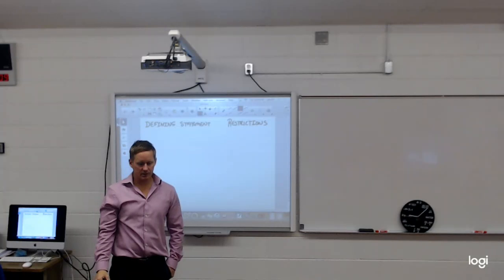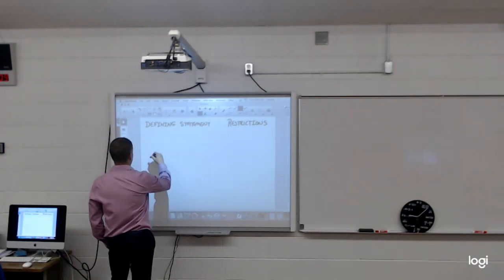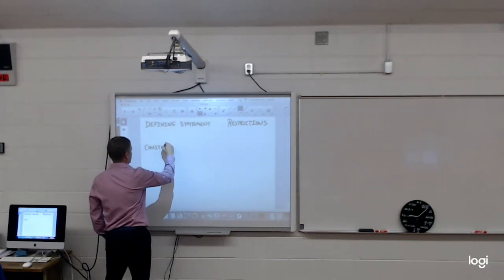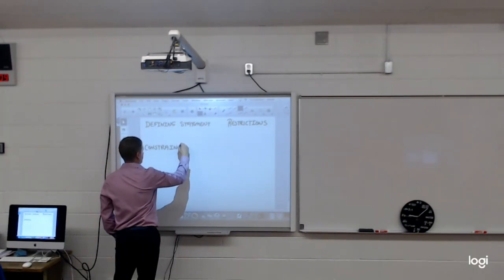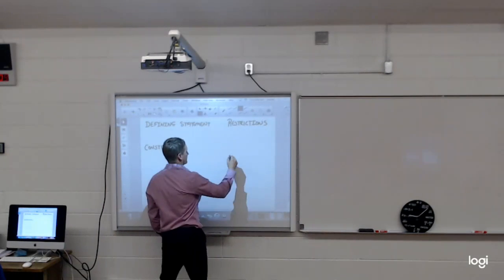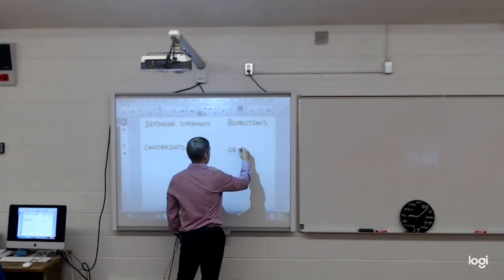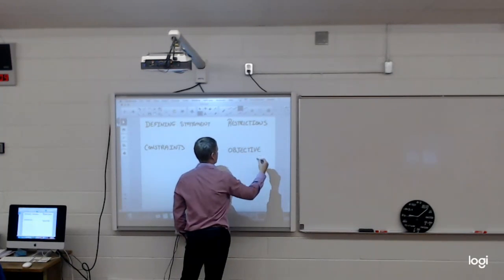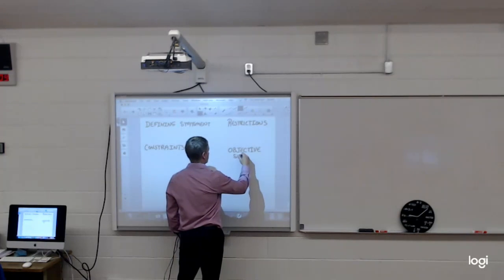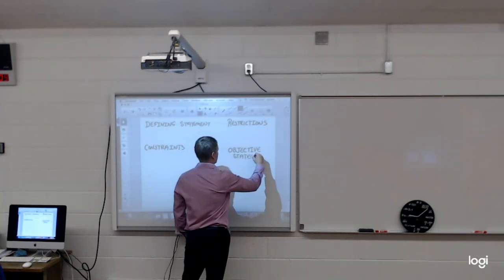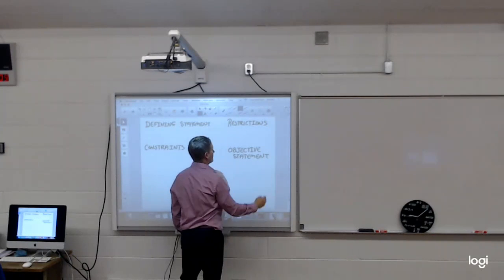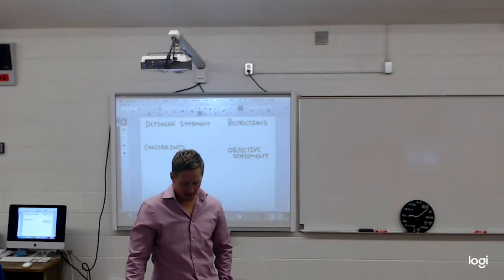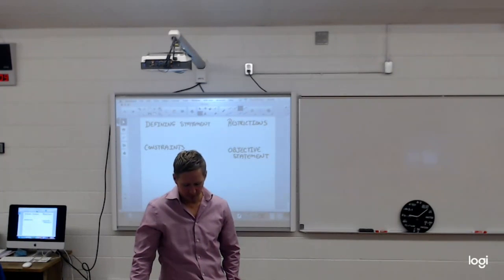We have restrictions. Okay. So we need these 4 things. And I notice I left spaces there because I want to write below them.